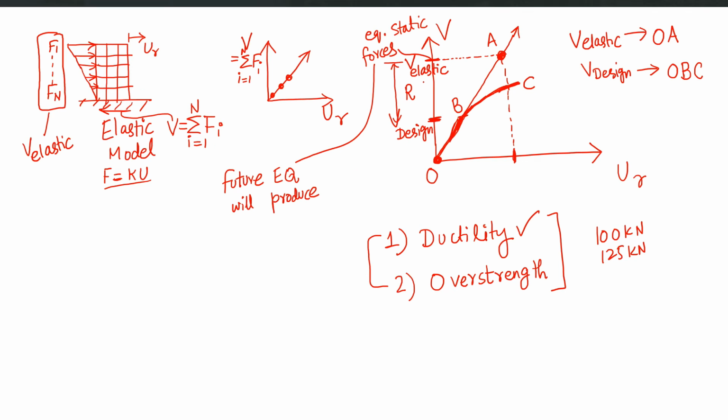So it is the ratio between V elastic and V design. So this is R. So now one important thing is that since we design on a lower value V design, when the seismic forces on our structure in actual go beyond this V design, the structure will exhibit nonlinear behavior.